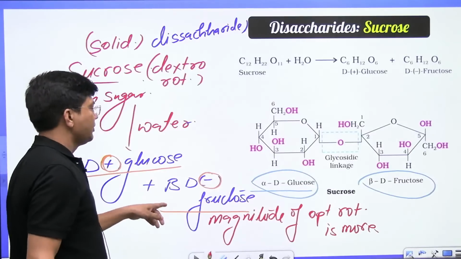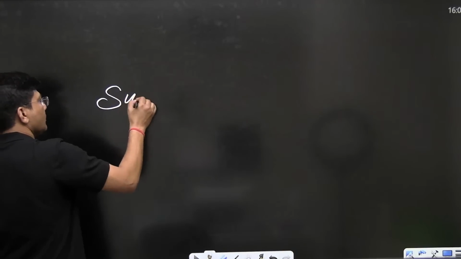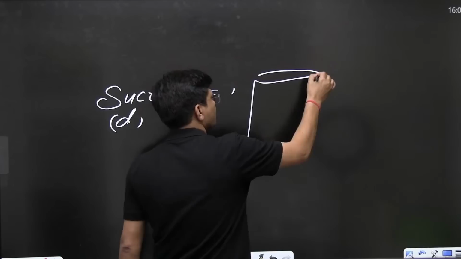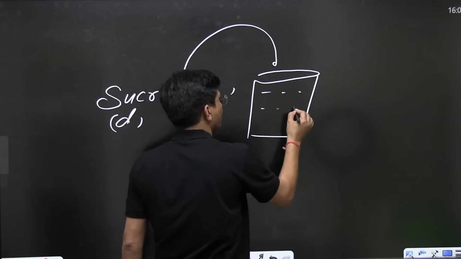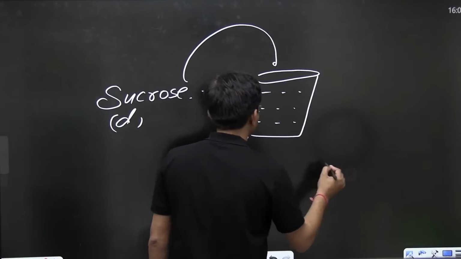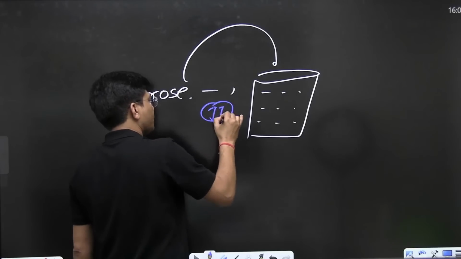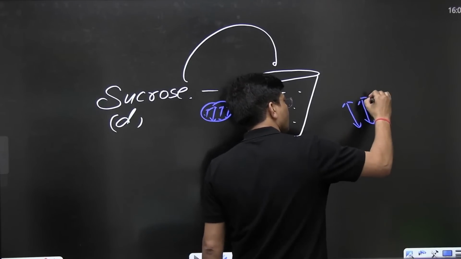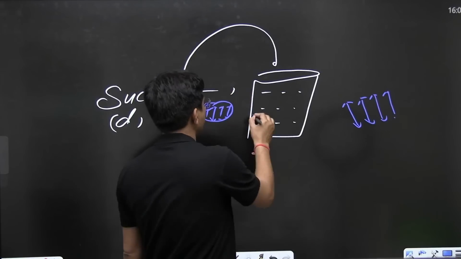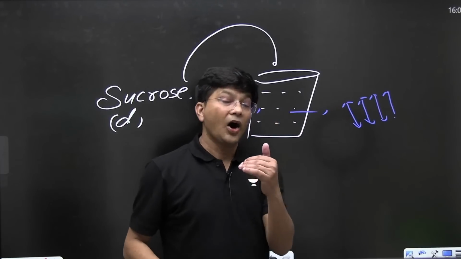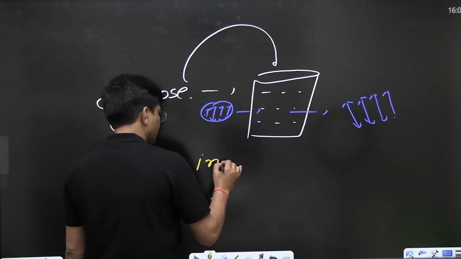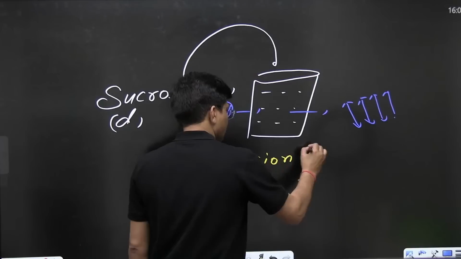So if you are adding sucrose, which is dextrorotatory, to the water and you are passing plane polarized light through it, definitely you will find with the help of a spectrophotometer that it will be moving in the anti-clockwise direction, because the optical rotation of fructose is more, and this is known as inversion of cane sugar.